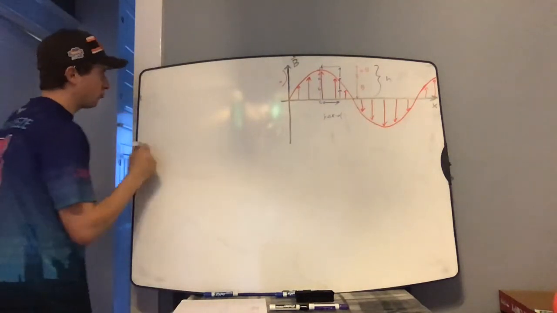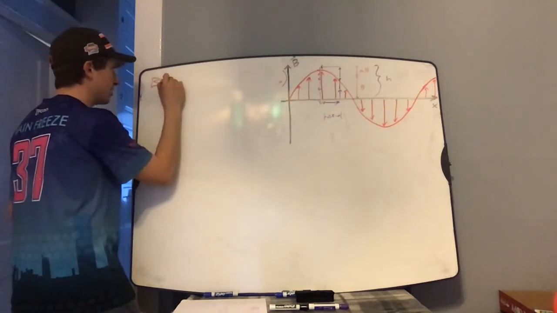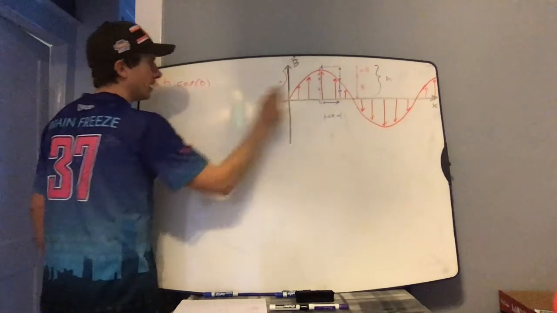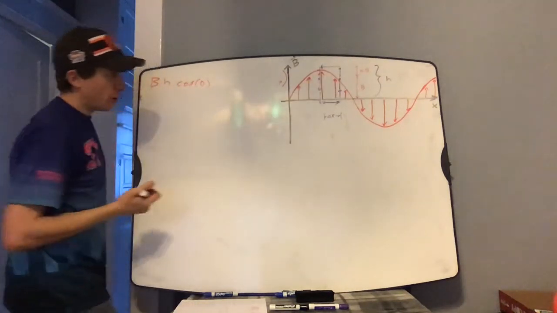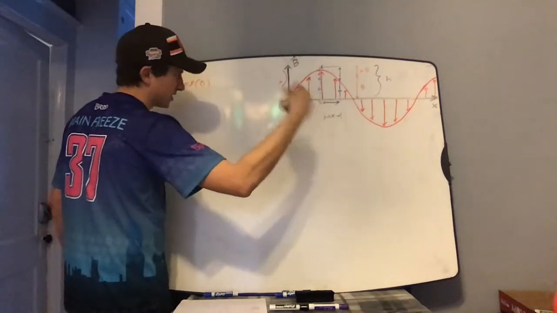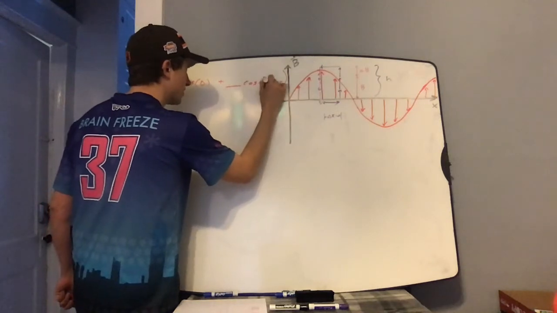So the path upward, I would have B times h times cosine of 0. Then for the path when I'm walking to the left, I would have B times delta x times cosine of 90.